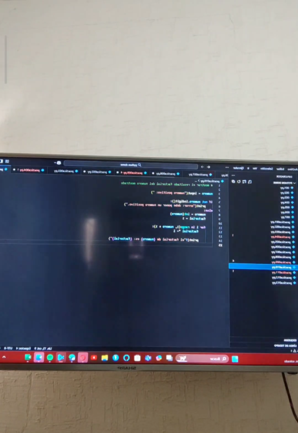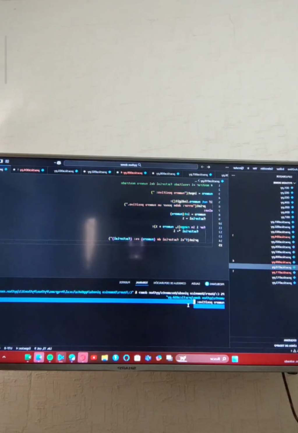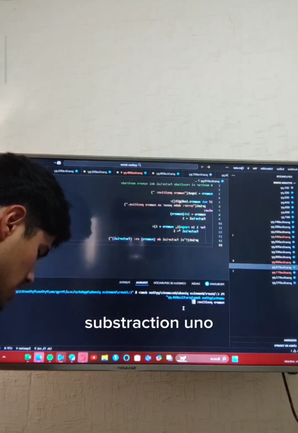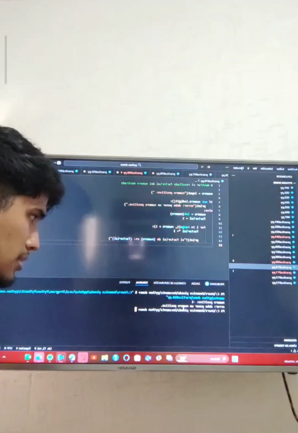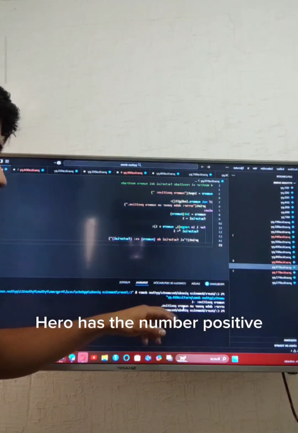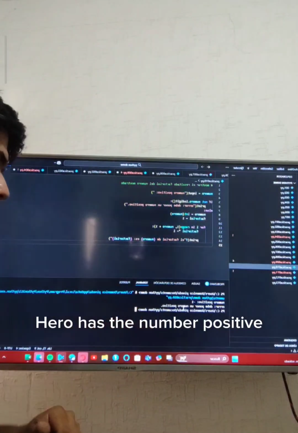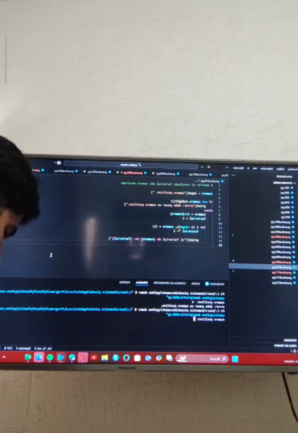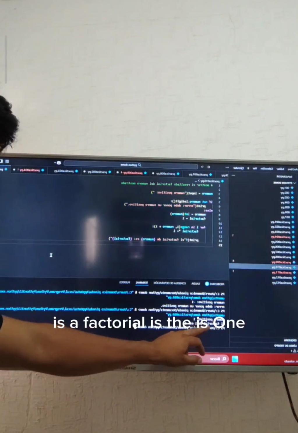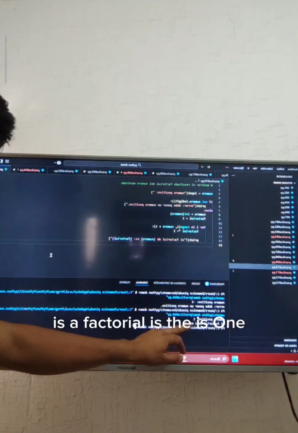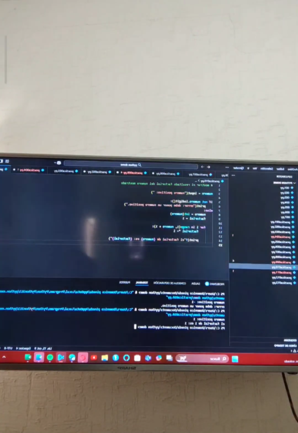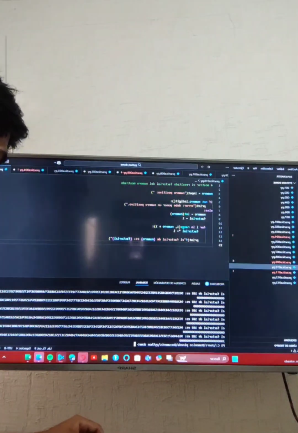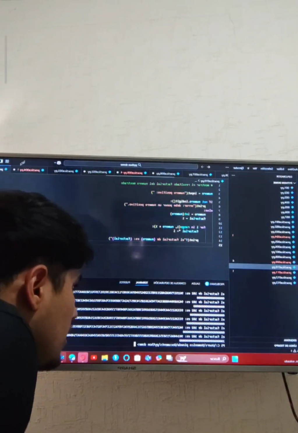This is minus 1: error, the number must be positive. The factorial of 1 is 1.